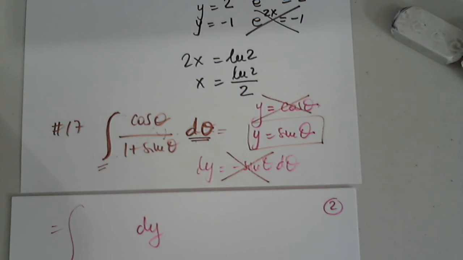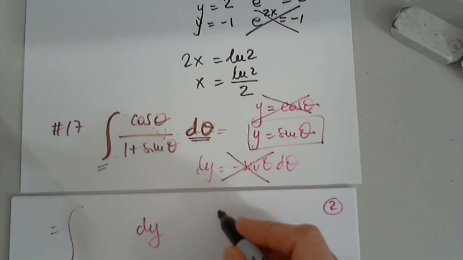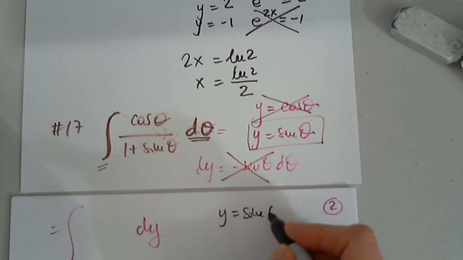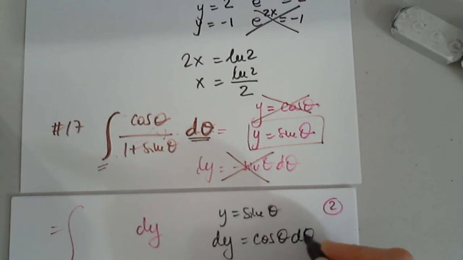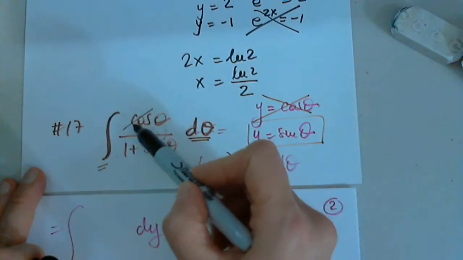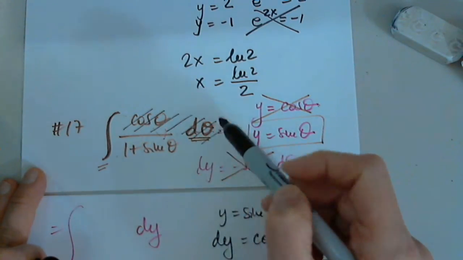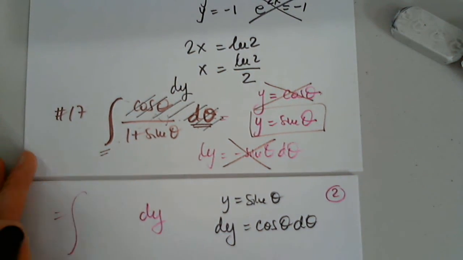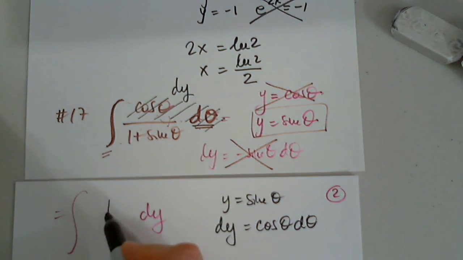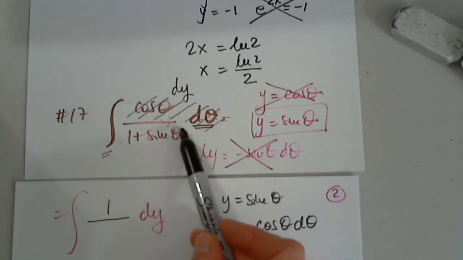So that leaves the other possibility, in which y is sine theta. So dy equals cosine theta d theta. Here it is. This is my dy. And what is the denominator then? 1 over, how do I replace this?